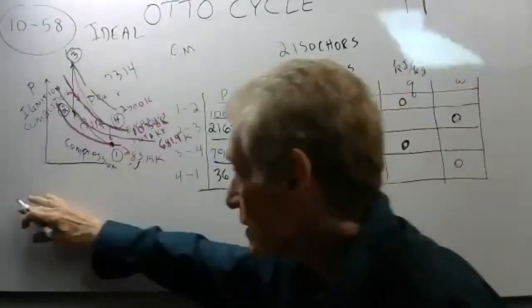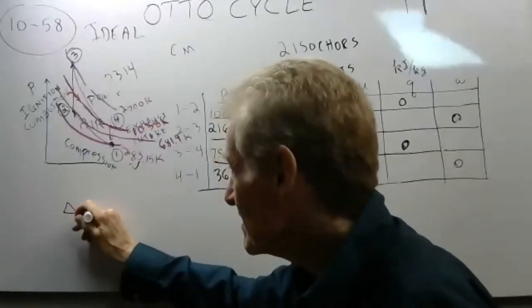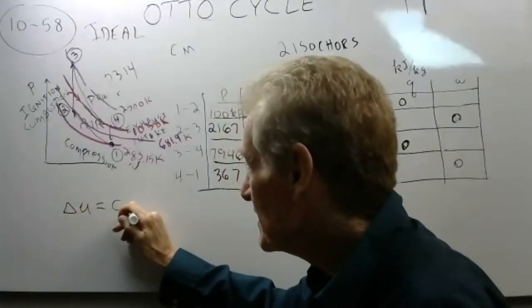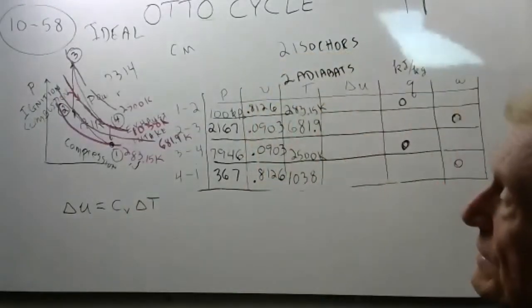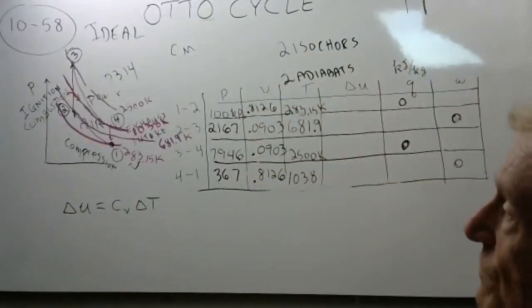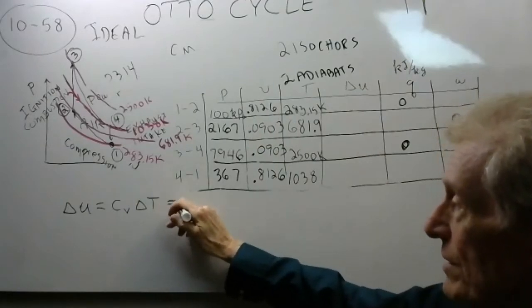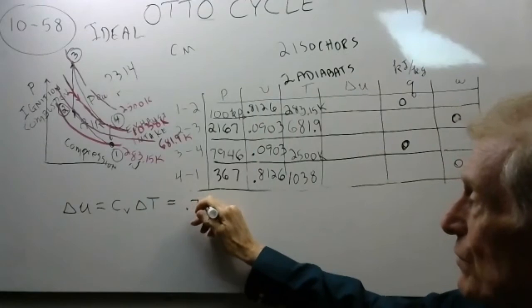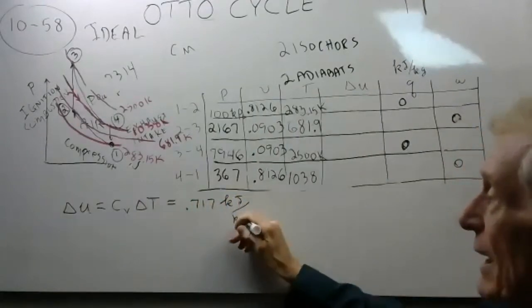We have to use this. Now we know what C sub V is for air. C sub V for air is 0.717. We could look that up in the back.